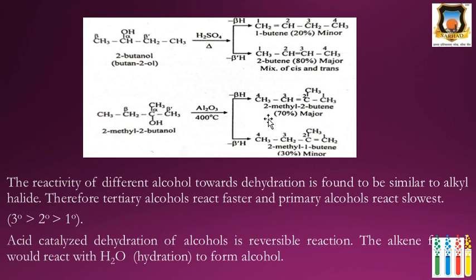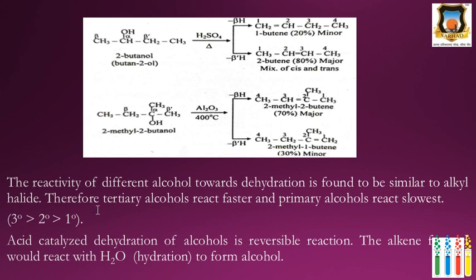By elimination of beta hydrogen, 2-methyl-2-butene is formed, about 70%, and this is the major product because it is a trisubstituted alkene. When by elimination of beta dash hydrogen, there is formation of 2-methyl-1-butene. It is only disubstituted, therefore trisubstituted and disubstituted. The trisubstituted alkene is formed as the major product in this case.